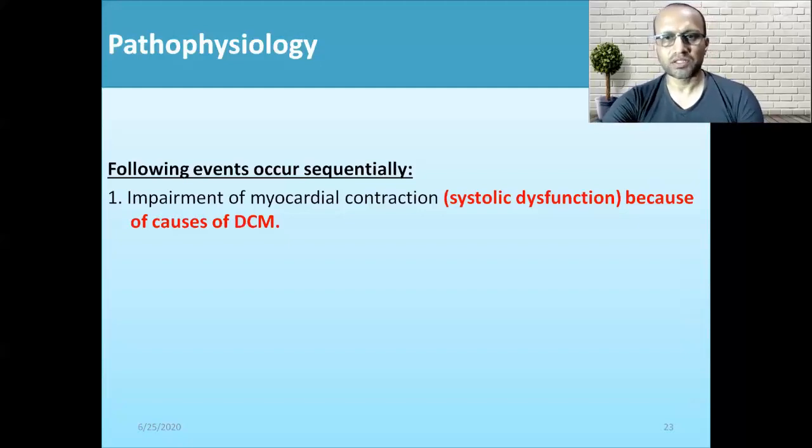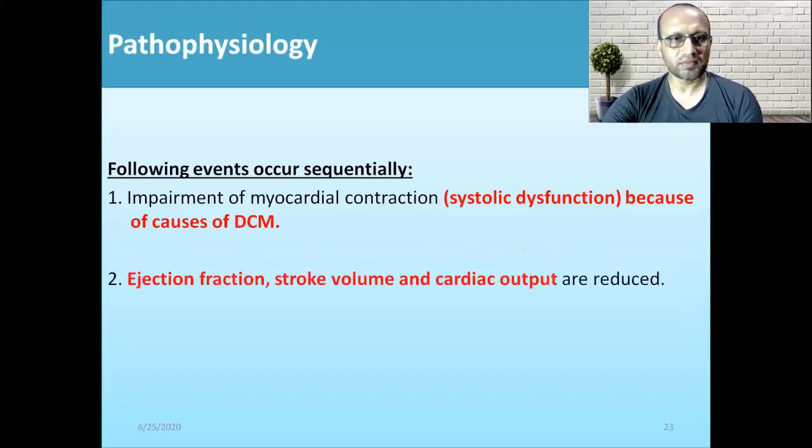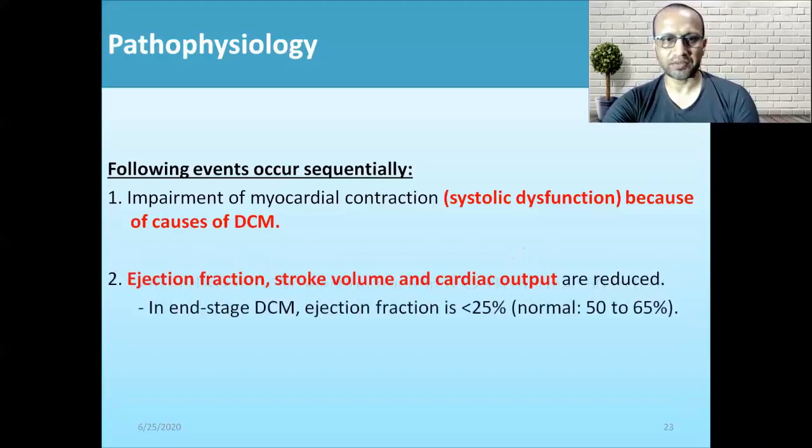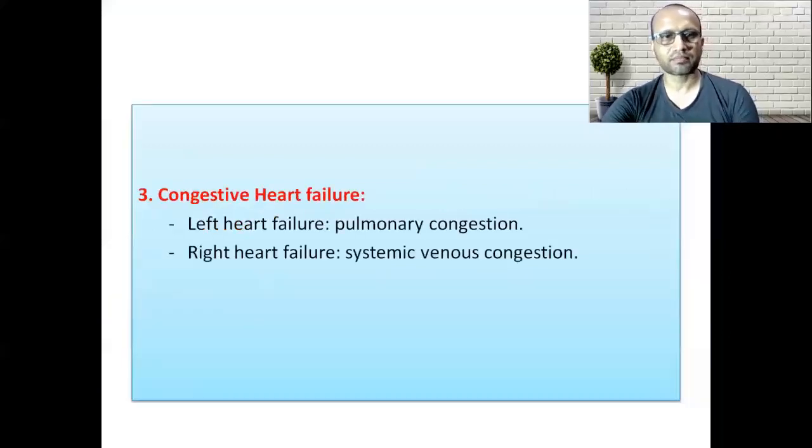It is called systolic dysfunction. Because of systolic dysfunction, ejection fraction, stroke volume, and cardiac output are reduced. In end-stage dilated cardiomyopathy, ejection fraction is less than 25%.